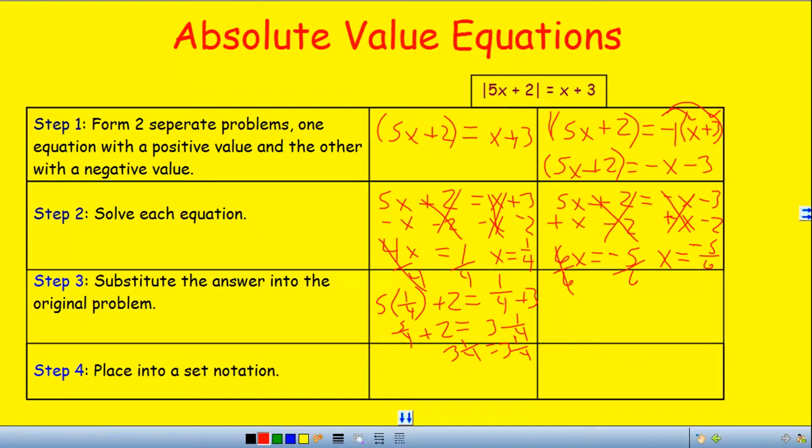Let's look at the other one. We have our original, which is 5x plus 2 equals negative x minus 3. And our x here is negative 5/6.